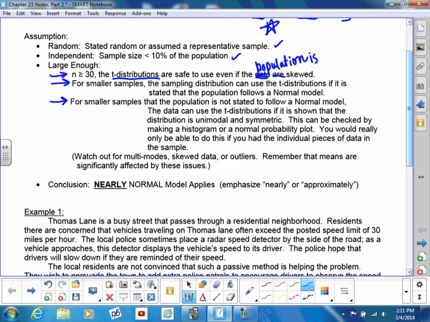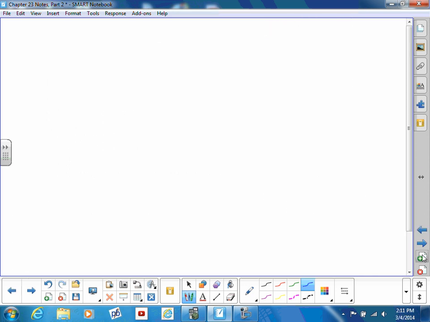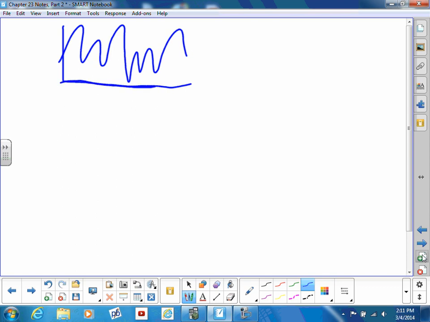That's what the central limit theorem is saying. Let me remind you of a picture that we used to do. Remember that yellow screen we used to have, where the parent population is just totally jacked up, then if you drop down samples that are large enough, the averages of those samples are going to eventually form what? A normal model.